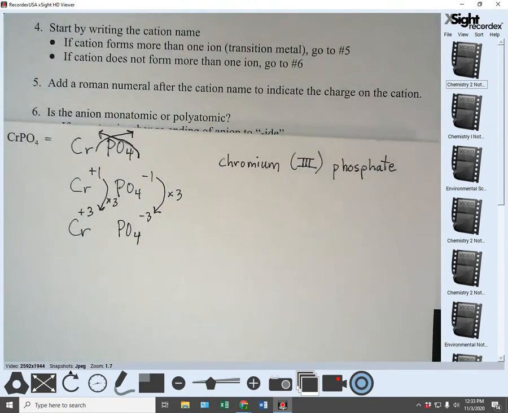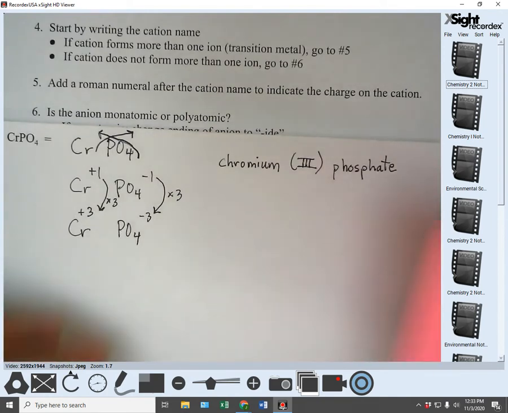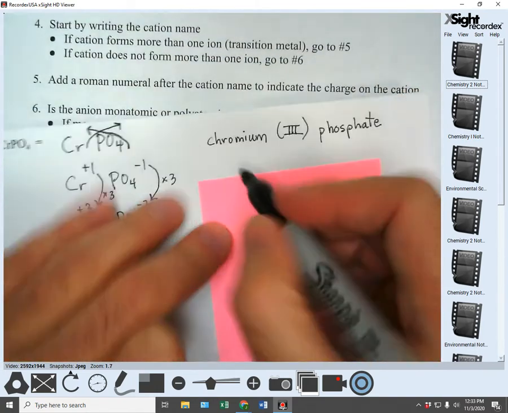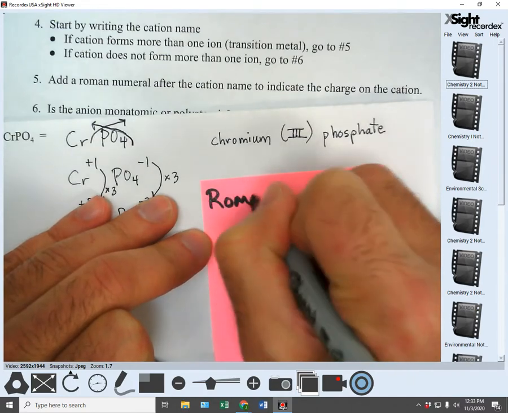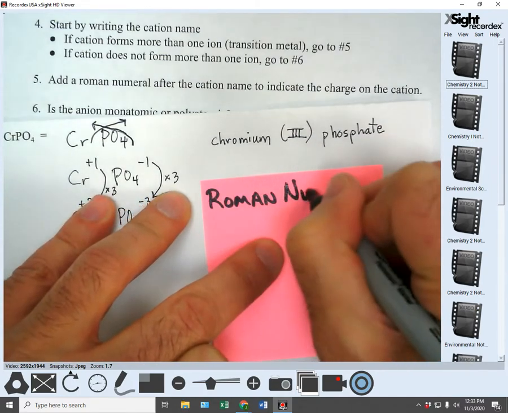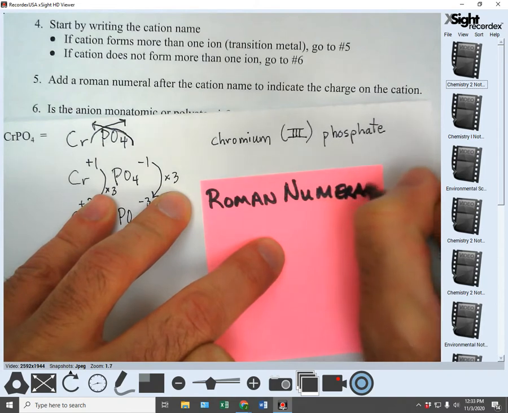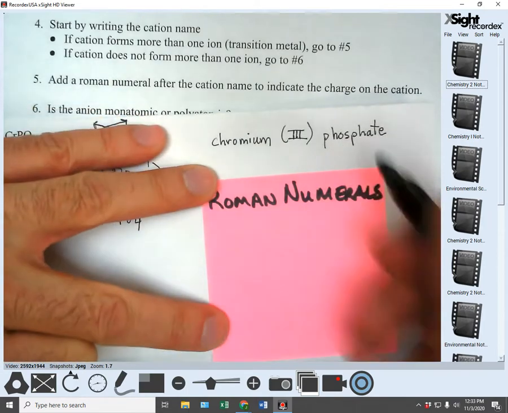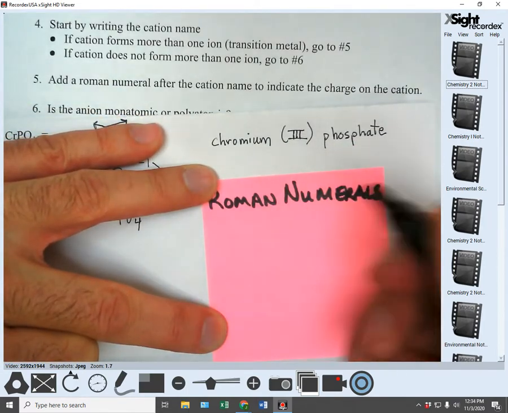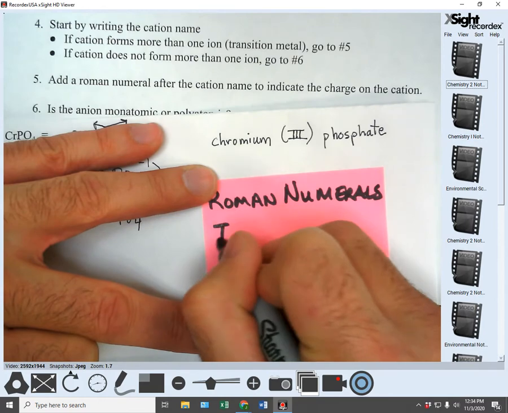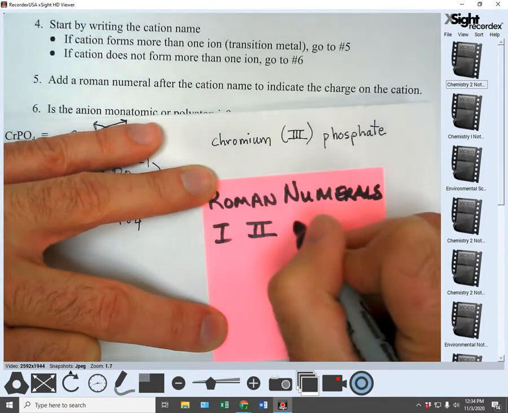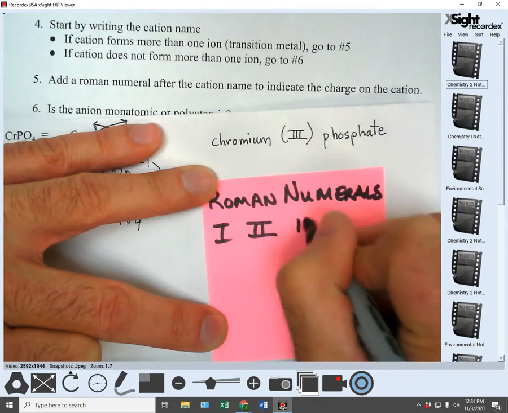Okay. All right. I showed this in another video, but because we're doing the ionic naming, I'm going to show it again. And that is Roman numerals. Okay, Roman numerals, we have the ones that most everybody knows. 1, or I, it looks like I, but it's 1, then 2 and 3.